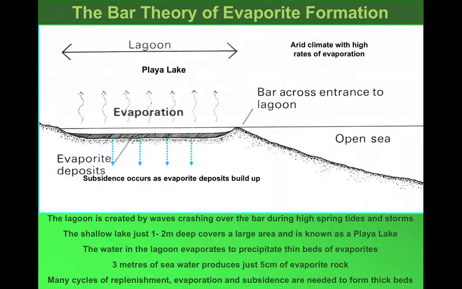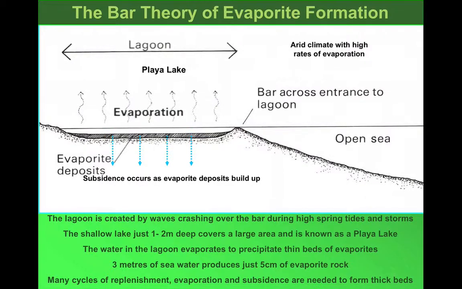Banded iron formations are deposited very much in the sea. Evaporites, though, can be formed in either very shallow seas, where you have an almost entirely separate lagoon within the sea, or possibly in a playa lake deposit.